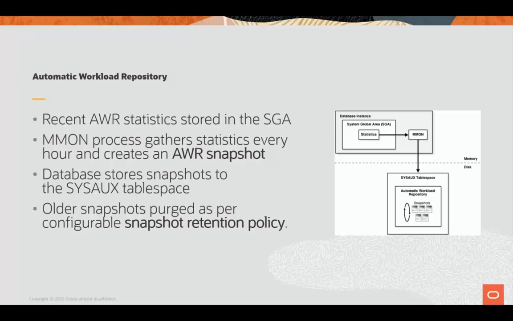That instrumentation is gathering all these statistics and storing them in the SGA, okay? Because it's a memory pool in your server. Then we have a background process named MMON that is going to gather these statistics every hour and create an AWR snapshot.